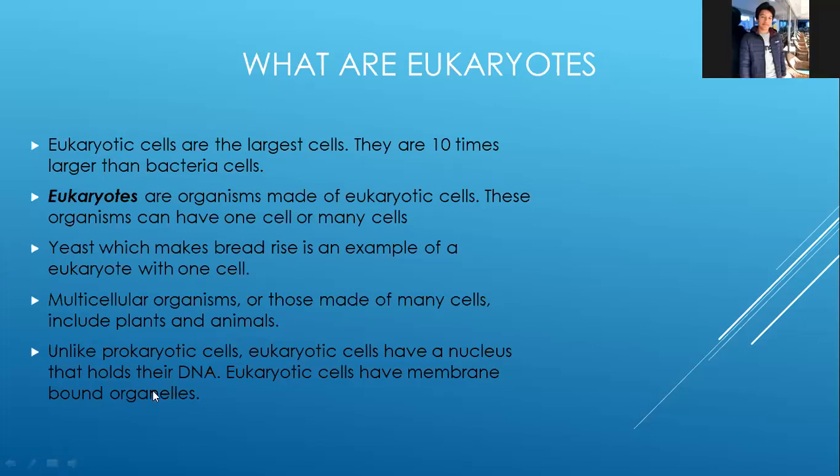Unlike prokaryotic cells, eukaryotic cells have a nucleus that holds their DNA and have membrane-bound organelles. The prokaryotic cells don't have a nucleus or membrane-bound organelles. Yes, thank you so much.